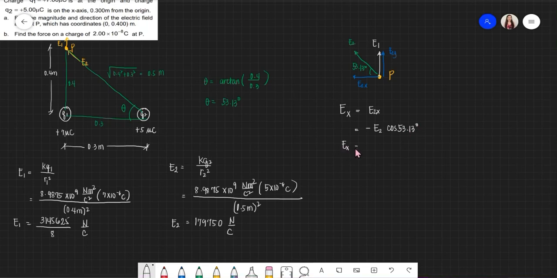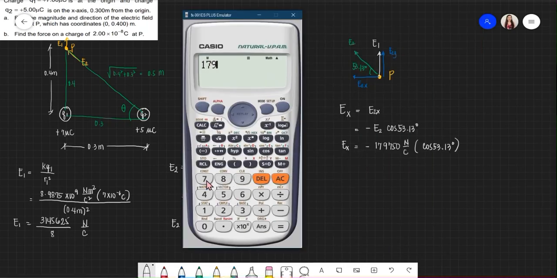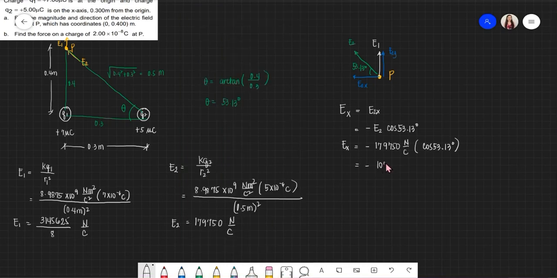So E sub x is equal to negative E2, which is 179,750 newtons per coulomb, times the cosine of 53.13 degrees. So what is that equal to? 107,850. Negative 107,850 newtons per coulomb. That is E sub x.